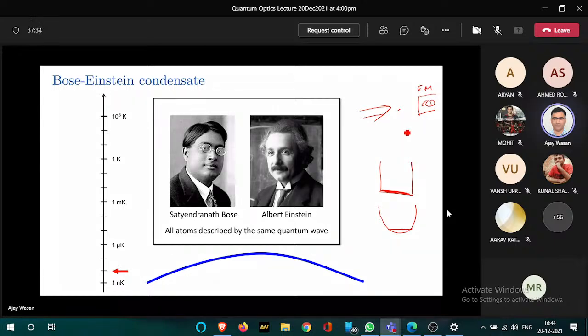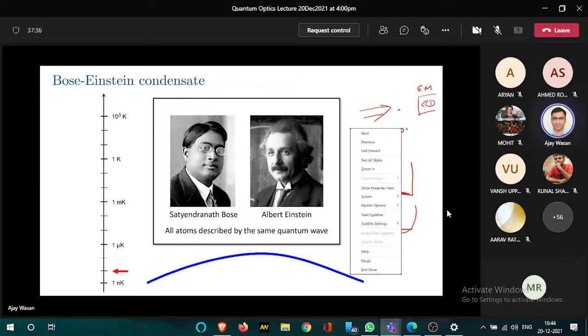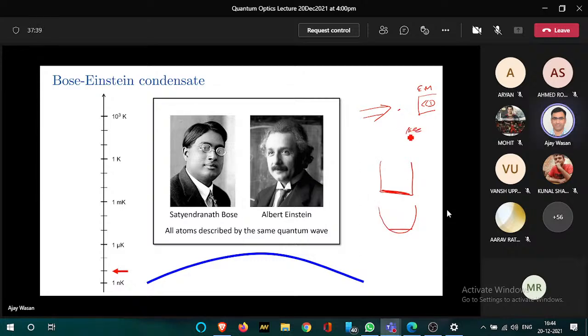Suppose I take one image at time t equal to 0, and then I take another image at t equal to 20 seconds. How much separation is there between them? Suppose the atom was here, then we know the separation, and from that we can find the velocity.